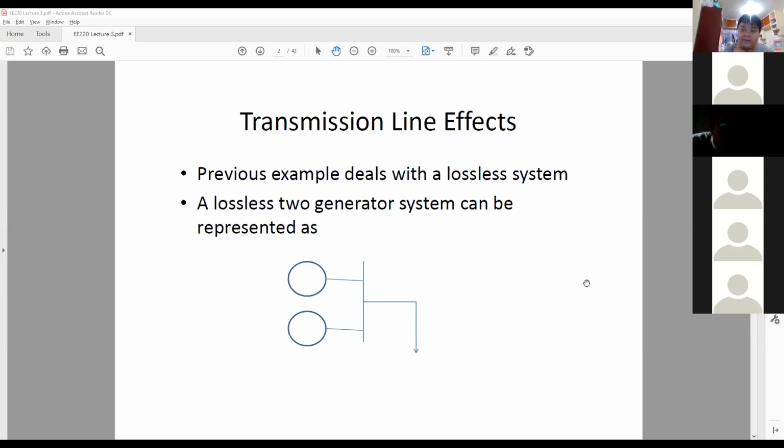Isa pang laging tatandaan, guys, in power flows, MVArs or megavars don't flow. Even if your loads have MVArs.